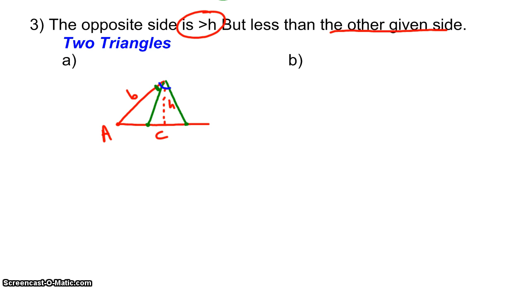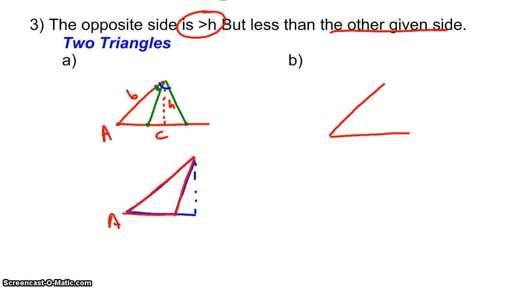So we have the one triangle that's longer than h, and it goes inward. So the angle created is here, the triangle. And then we have that same condition where we would have this angle and be longer than h, but now it goes out here, to the right, and it makes that type of a triangle in view.